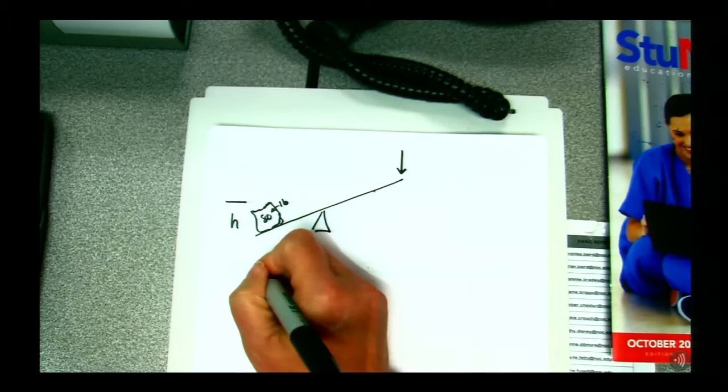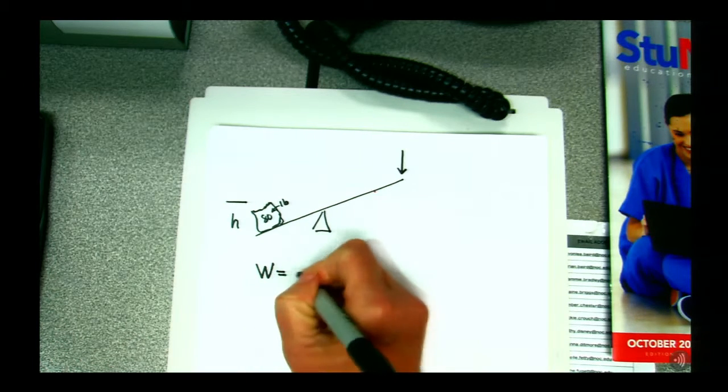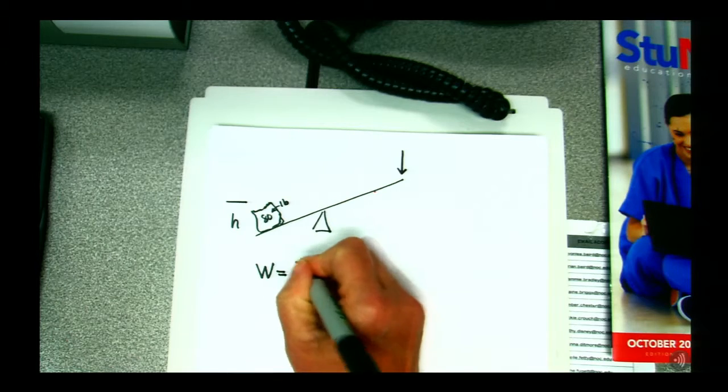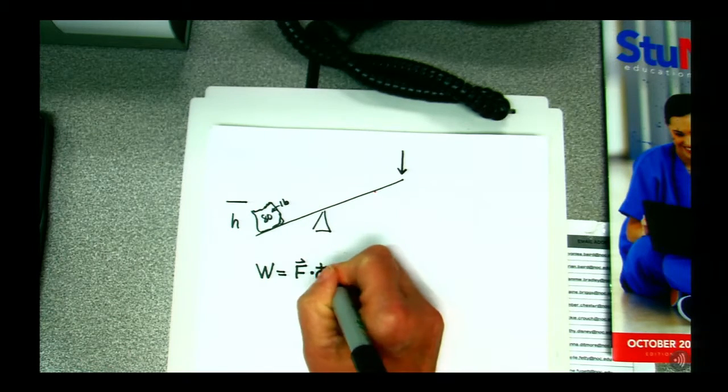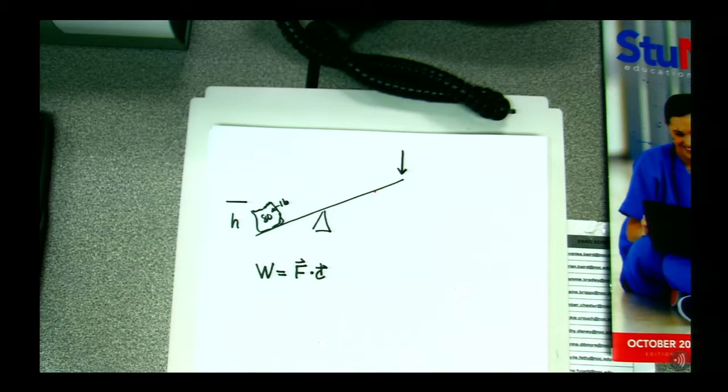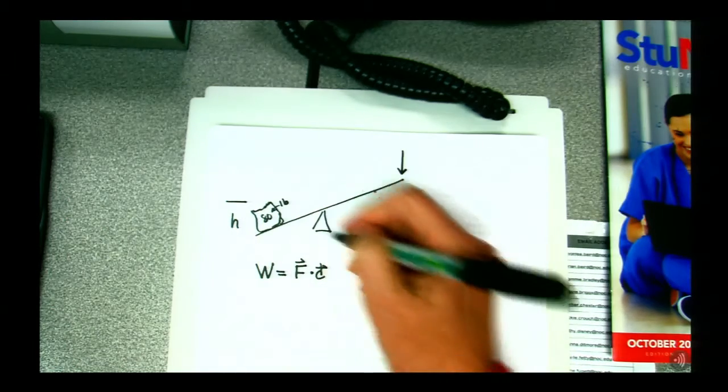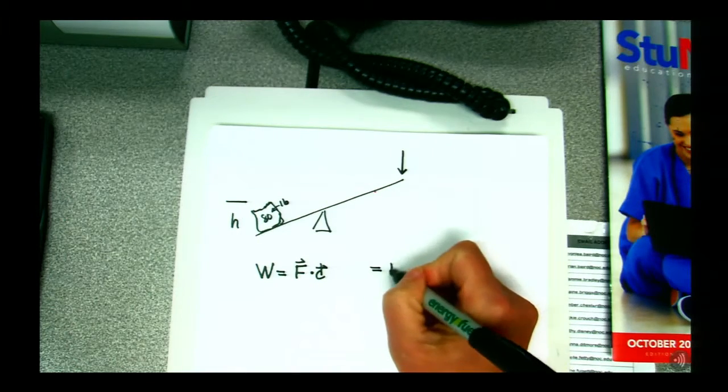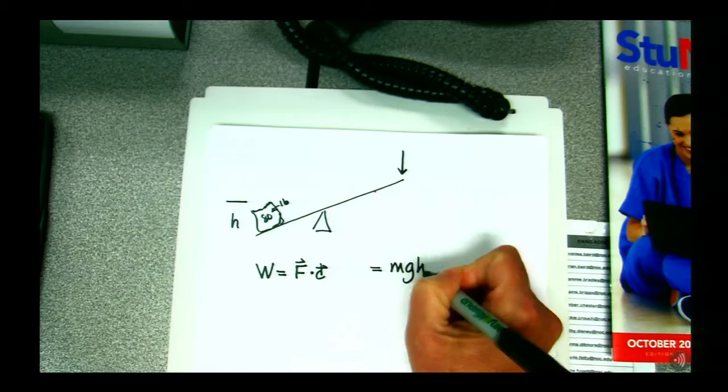So when we looked at work, remember work was force dot product a distance, and the work that was done here was mgh, right?